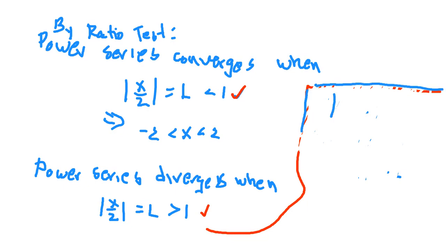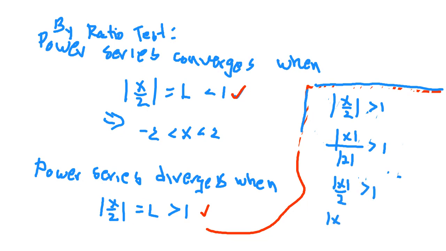If the absolute value of x over 2 is greater than 1, think of it as the absolute value of x divided by the absolute value of 2 is greater than 1, which means the absolute value of x would be greater than 2 if you multiply by 2 on both sides of the inequality.